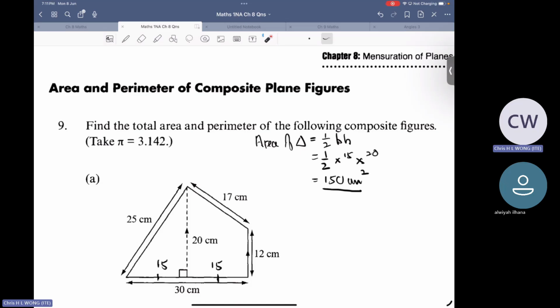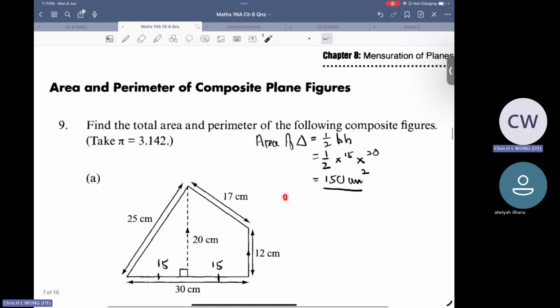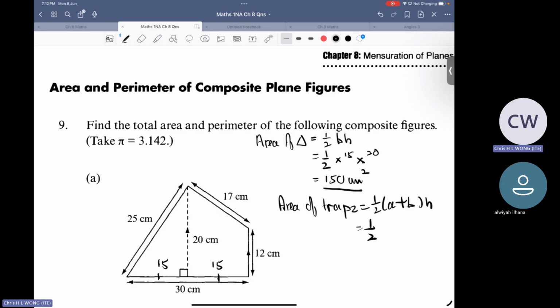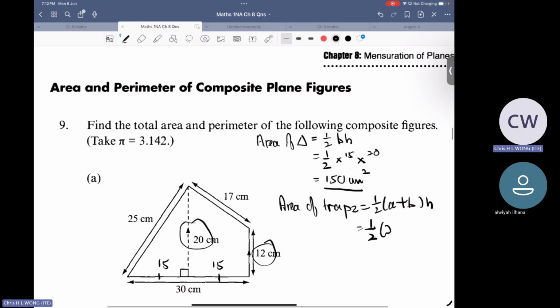Let's start. Area of trapezium equals to half A plus B, H. You know this by heart already, right? Half. What is A? 20. What is B? 12. 20 plus 12. What is the height? Oh, no. Sorry.